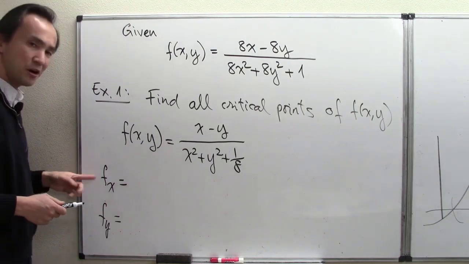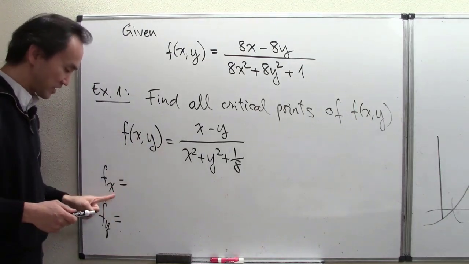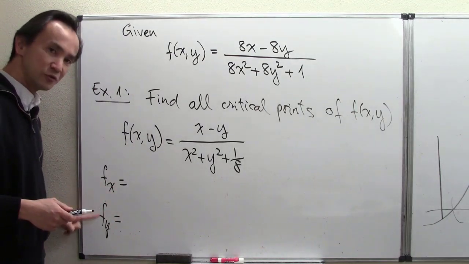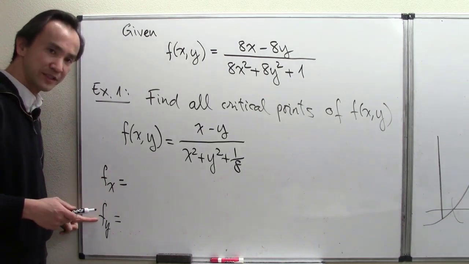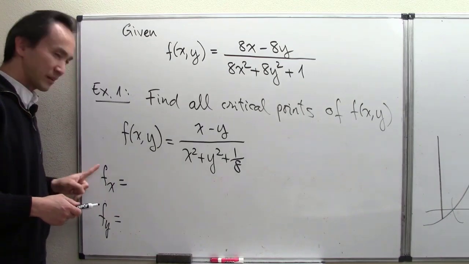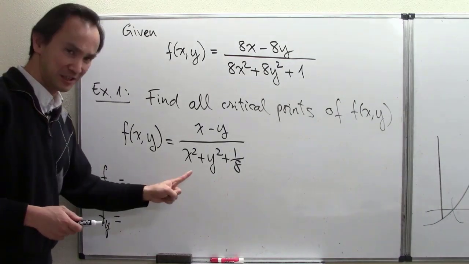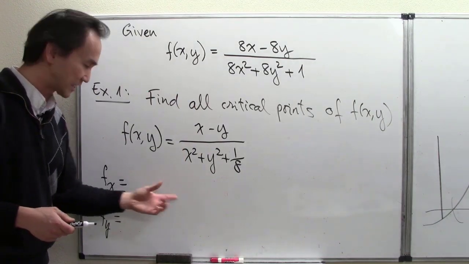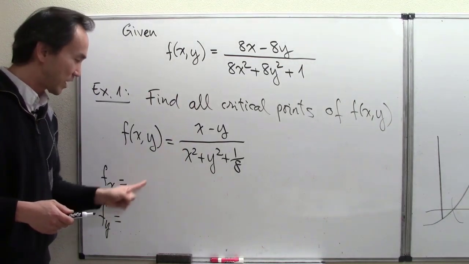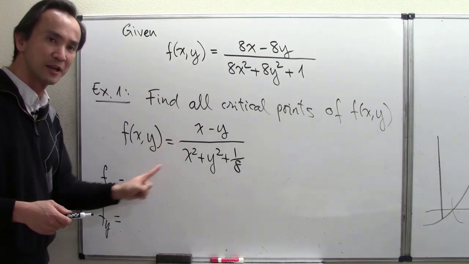Okay, but now assuming that you already learned how to find the partial derivative of the function with respect to x and with respect to y, I'm skipping the steps here because I'm assuming viewers are fluent with that, so I'm just getting straight into writing down what the two partial derivatives are.